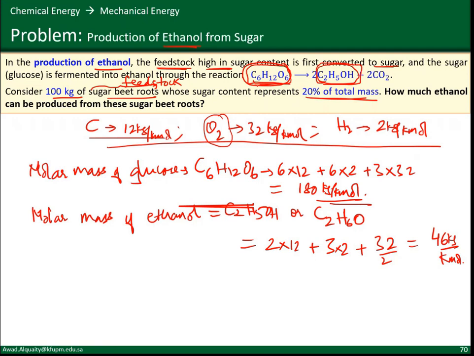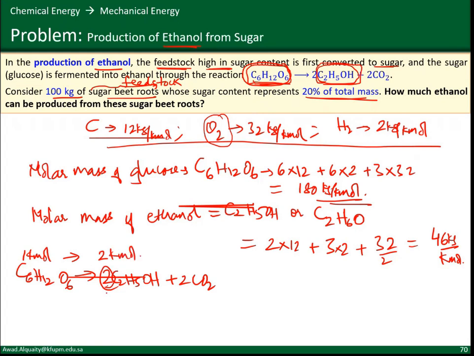Now, what we know from this chemical reaction is C6H12O6, 1 mole of glucose, will give us 2 moles of ethanol, shown by this part here, C2H5OH, plus 2 moles of CO2. We don't really care about CO2. What we care about is that 1 kilomole of glucose is giving us 2 kilomoles of ethanol.